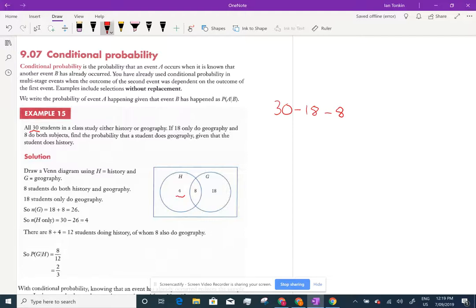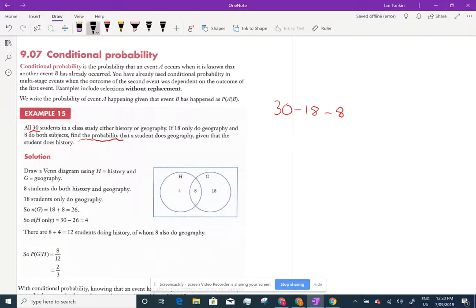So, the question asks, find the probability that a student does geography given the student does history. Well, we don't need that 4 because we're just looking at this circle, because we're told that the condition is that the student already does history. Sorry, wrong way around.